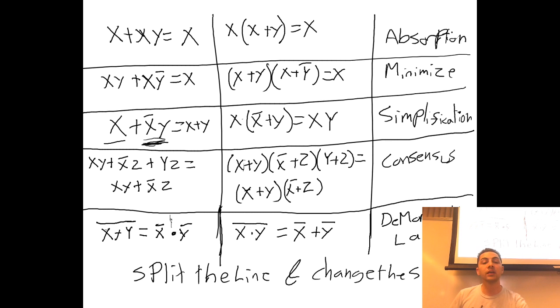Anytime you see an OR symbol or an AND symbol, doesn't matter, and there's an overbar over both terms, you can split that line right in half, and you'll end up with x bar, y bar on either side, and you change the operator from OR to AND or from AND to OR. In both cases, you go from a long line to two short lines. Split the line, change the sign.